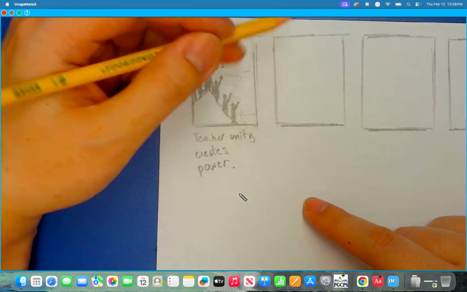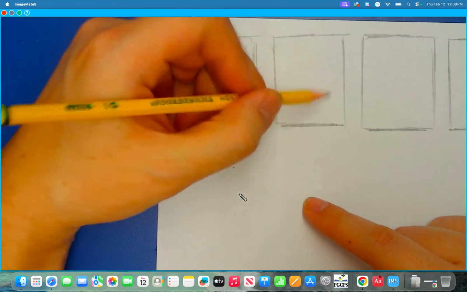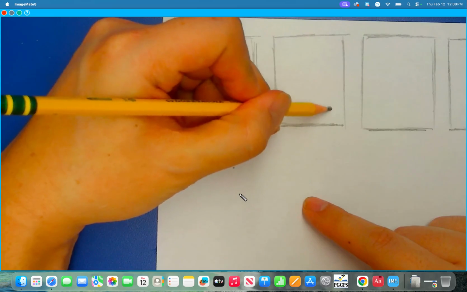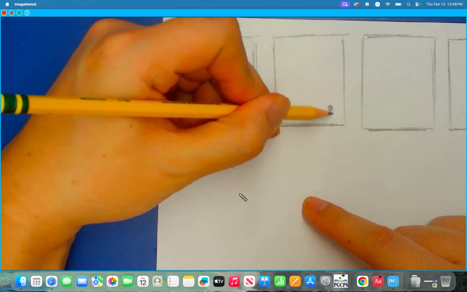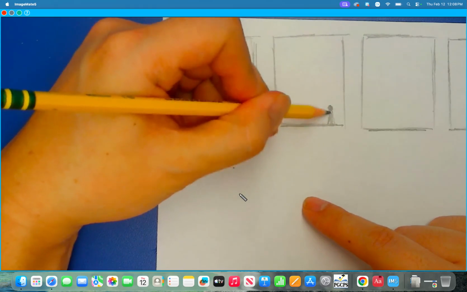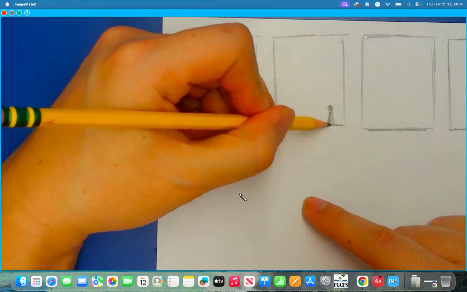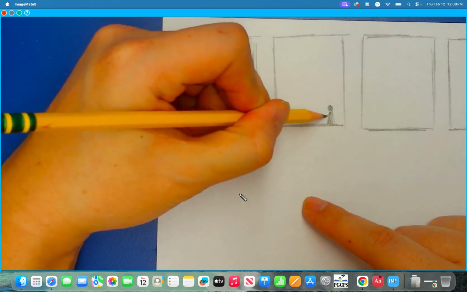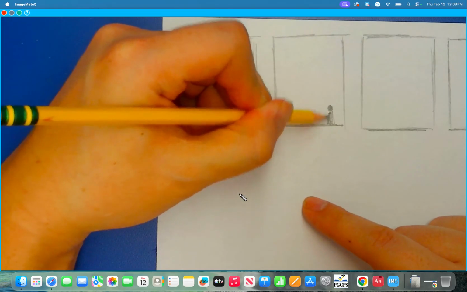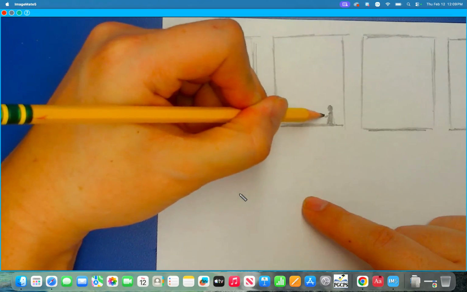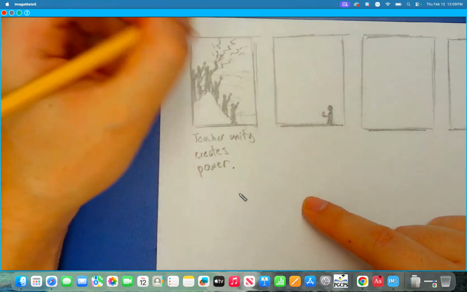So maybe one thing I could do is, and I'm doing a lot of these in silhouettes, so you don't really have to have a lot of detail in your work. Maybe I could have someone being really small here. This could be a woman. She has some money in her hand.